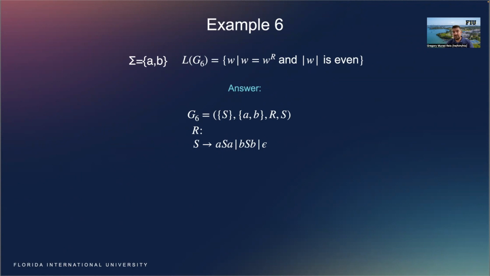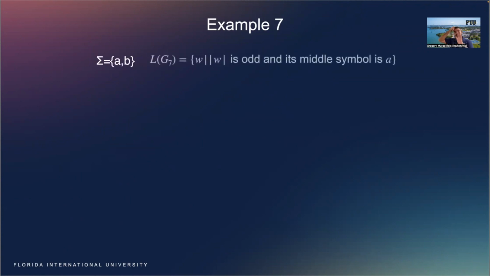The next example is with A and B's as well. The length is odd and the middle symbol is A. So to guarantee that it's odd, I need to add two characters at a time. It doesn't have to be the same in the mirrored position, so it's not a palindrome. If I add an A in the first position, it can be A or B in the last position.